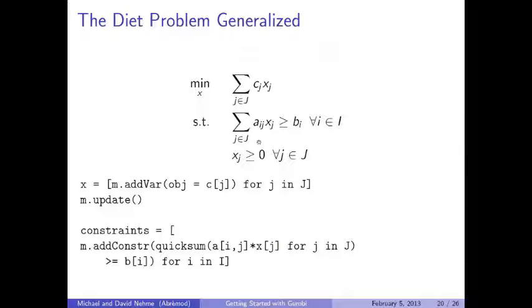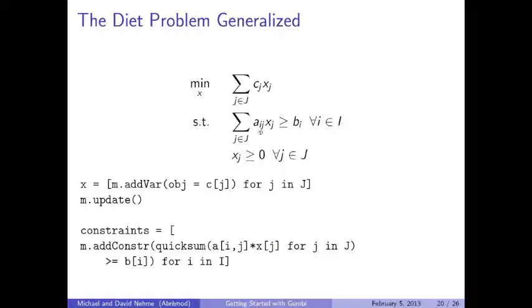My structural constraints, I'm going to have a structural constraint for each nutrient type i in I. Now let's think about what that nutrient constraint would look like for a specific nutrient i. So for a specific nutrient i, I need to figure out how many ounces or how many units of nutrient i I consume. I get that by taking each food type j's nutrient i density, which is Aij, multiplying that by the xj, which is the number of ounces of that food type that I consume.